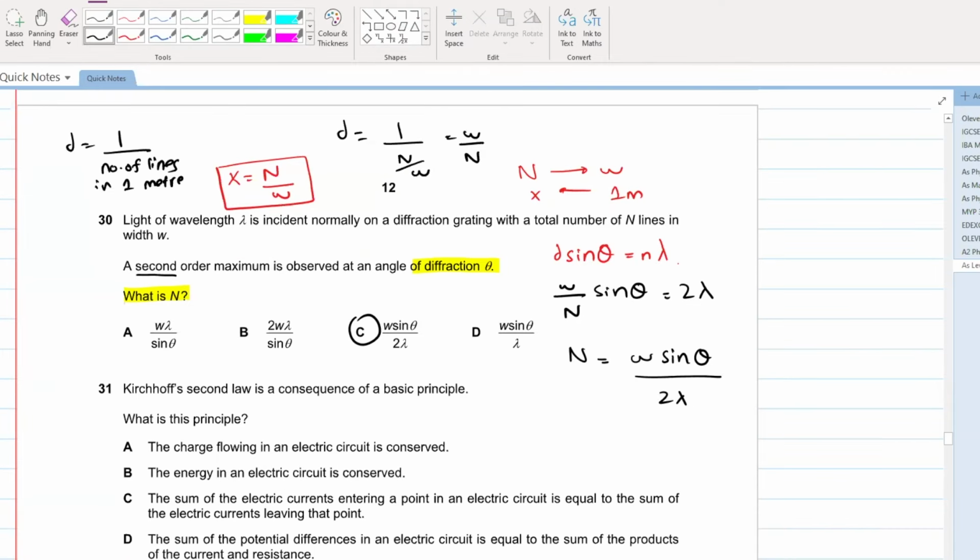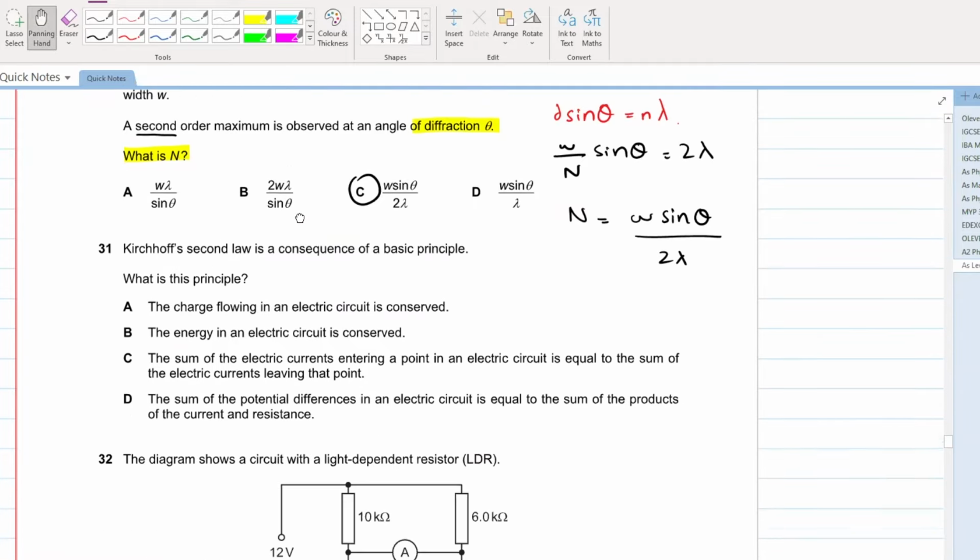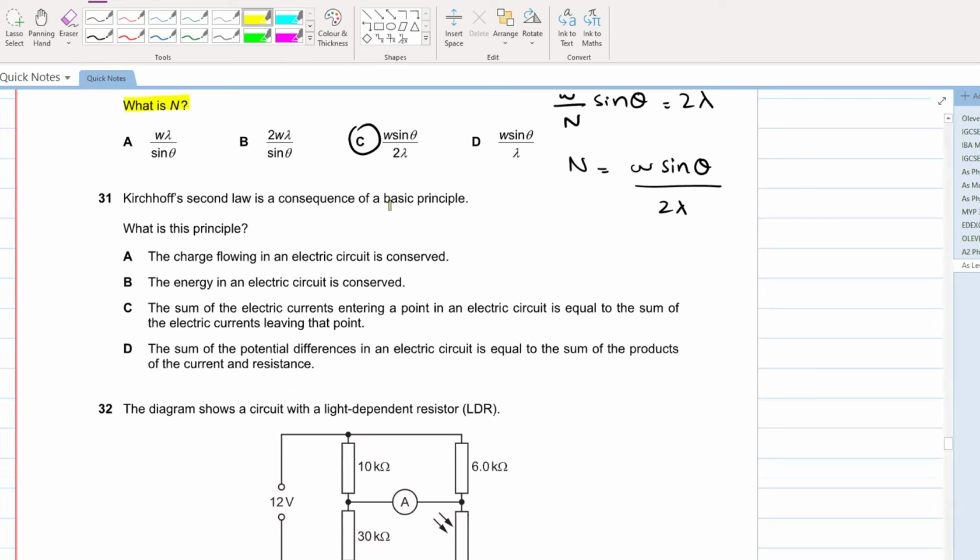Let's further move ahead. Let's see question number 31. Kirchhoff's second law is a consequence of a basic principle. Which principle is that? The sum of potential differences in an electric circuit is equal to the EMF.